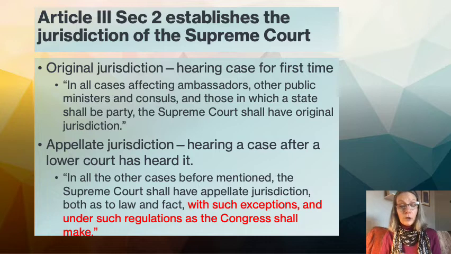But it's important to know what jurisdiction means. And for Marbury versus Madison, it's really important to understand this concept of original jurisdiction because that case revolves around the expansion of the original jurisdiction of the Supreme Court. All right, that's it for key concepts. Let's move on to take a look at the historical background and the political context of Marbury versus Madison.